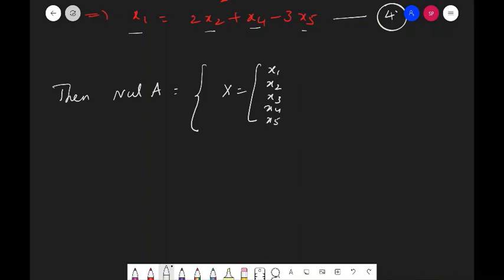Why? Because this belongs to R5. Why? Because matrix A is a 3 by 5 matrix. Then null A will be a subspace of R5. Therefore, a vector in the null space will have 5 rows.